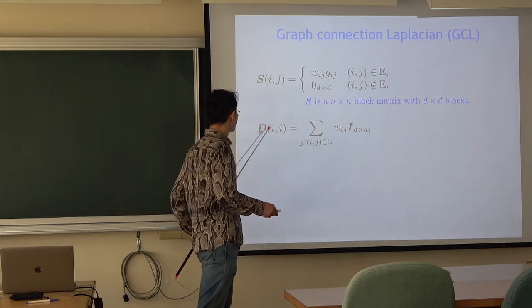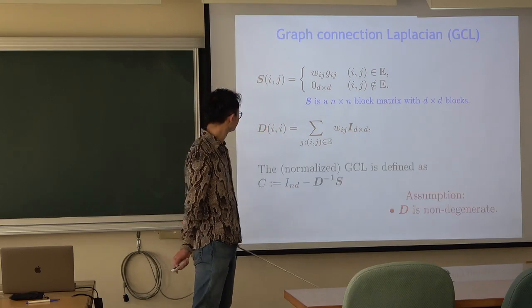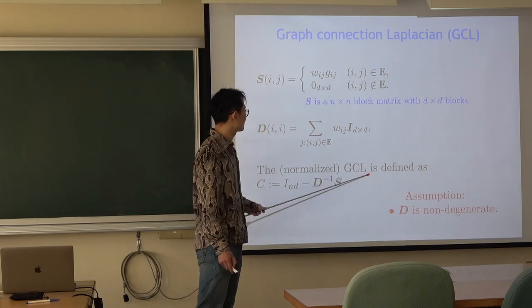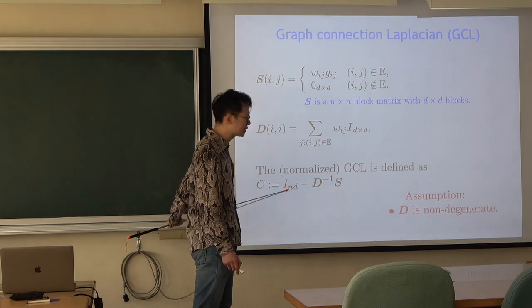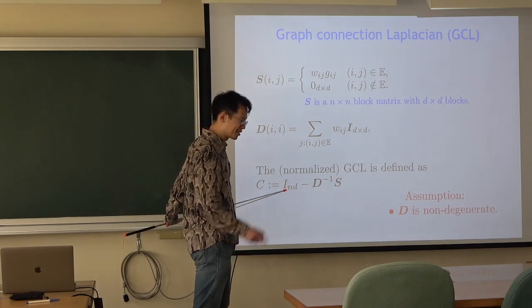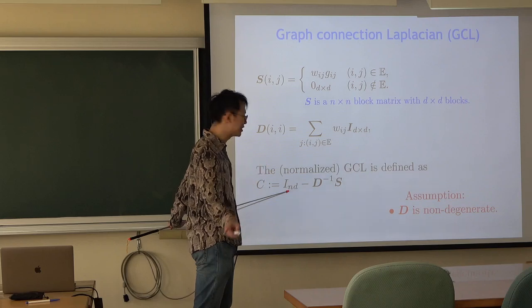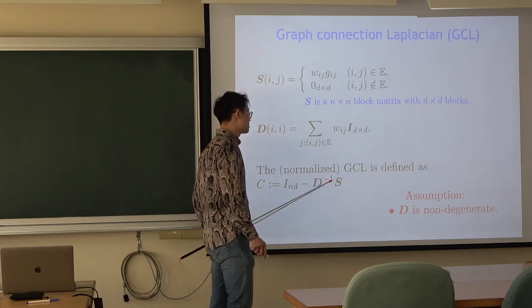That is what you construct. D is a block diagonal matrix. And the normalized graph connection Laplacian is defined as the identity matrix of size nd by nd subtracted by D inverse S.